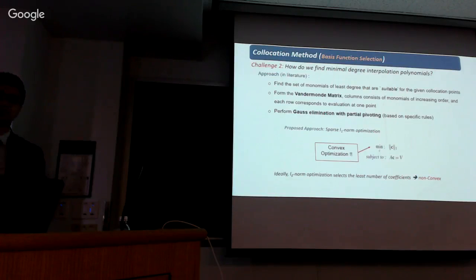At each iteration, I will find the smallest coefficient and set it to 0. Again, in the second iteration, I will choose the smallest again, and I will do this until the number of unknown coefficients and the number of collocation points are equal, and then I will have a square system and a unique solution.